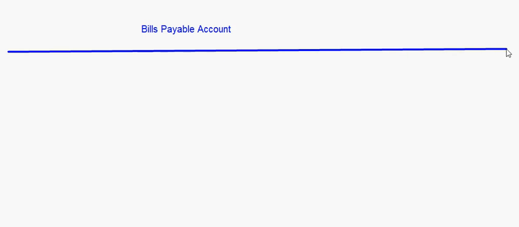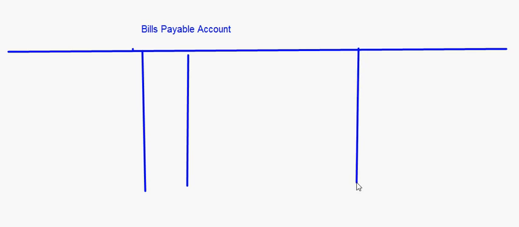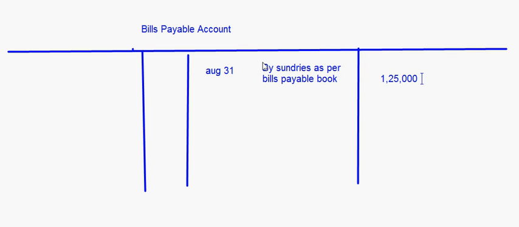Whatever is the total of that bills payable book will come on the credit side of the bills payable account on the last day of the month. So we have August 31st, if it is done on a monthly basis. You will write by sundries as per bills payable book. The total was 1,25,000.